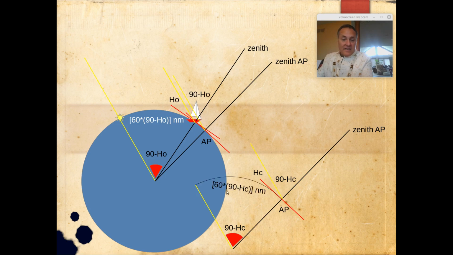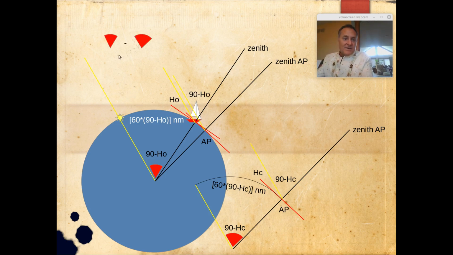That 90 minus HC times 60 is the number of nautical miles on the surface of the Earth separating the assumed position and the sun. When you subtract this value in black and this value in white, the difference is this value right here between the boat and the assumed position, which is very convenient, and that's the trick of the St. Hilaire method.